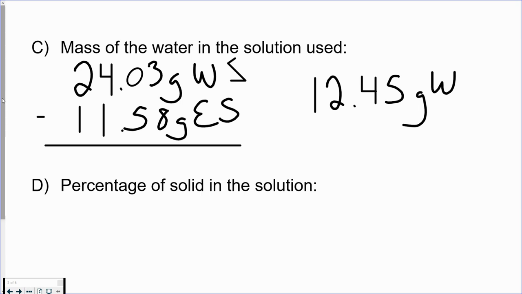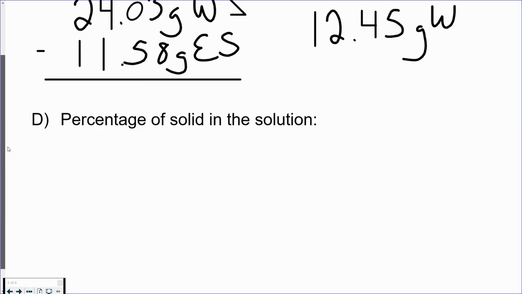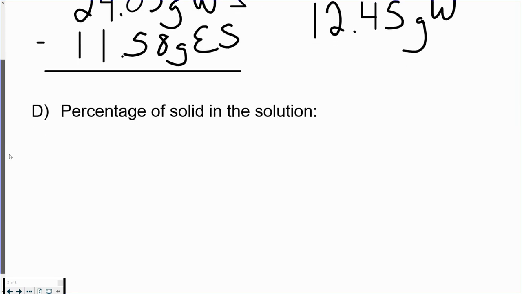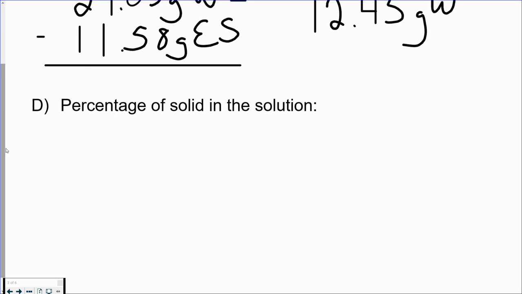Now, you all have calculated a percentage. Usually you're calculating it in class, so you're taking the points you've got over the points that you could have had, dividing and then multiplying by 100. The part divided by the whole times 100. We're going to do the same thing with letter D. So for that one, we're going to take the solid, which is the evaporated salt. It's 11.58 grams.